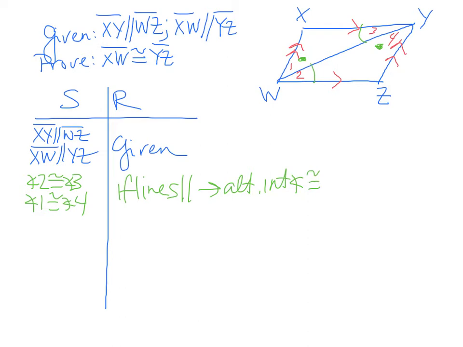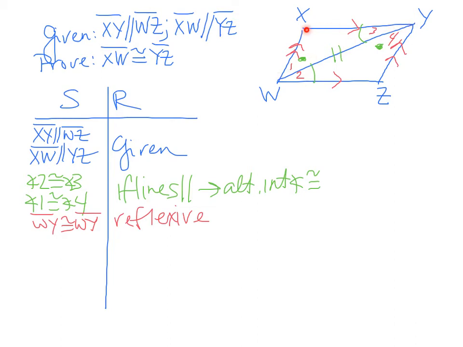Right? Okay. I also know as I look at this, that WY is congruent to WY, right? And that is the reflexive property. Okay. So why would I say that? And the reason is when I look at this now, I see, oh, look at this.